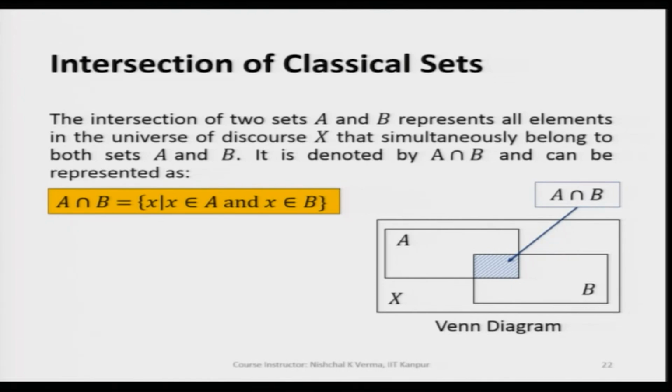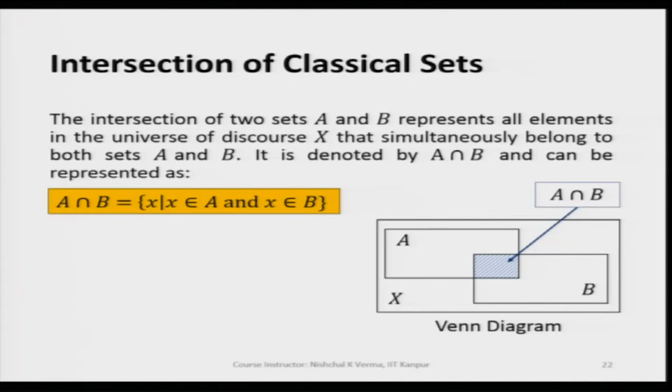Now, let us discuss the intersection of fuzzy sets. Before we move to the intersection of fuzzy sets, let us first understand what happens in the intersection of classical sets.